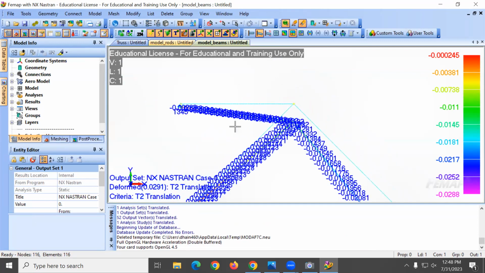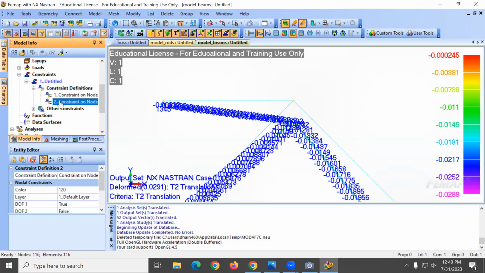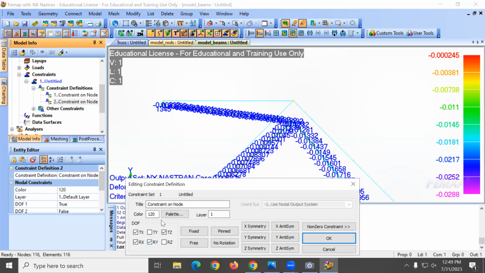Okay, let's see the boundary conditions that are used for this one. Model, constraint. Funny, I use the same thing. So this looks like being the cable.